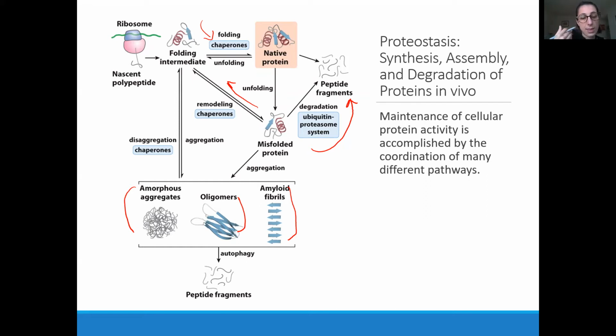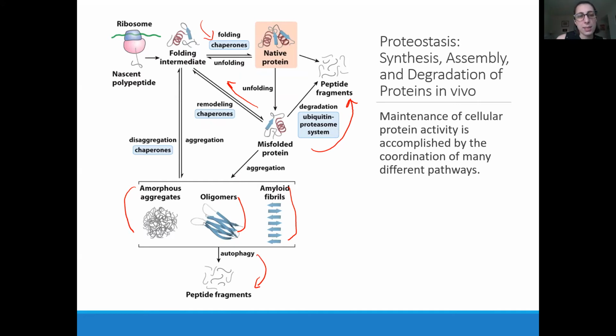Now, if the aggregation occurs too much, it will cause autophagy in a cell, killing the cell, and then eventually, again, be broken down into peptide fragments.